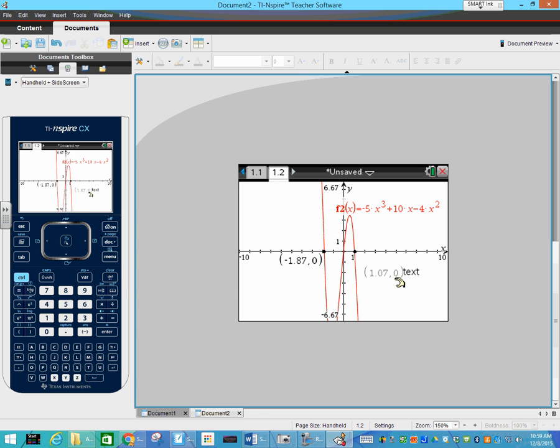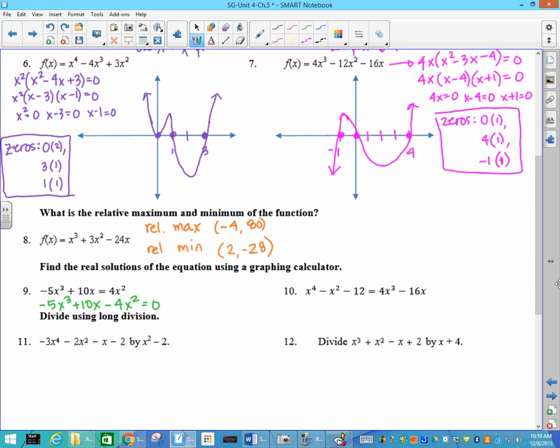It's 7/100ths of a way. Okay, so when you write in the answer blank, I've got those two that I found, negative 1.87 and 1.07. So my real solutions are x equals negative 1.87 and 1.07.